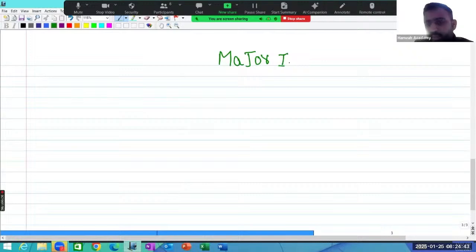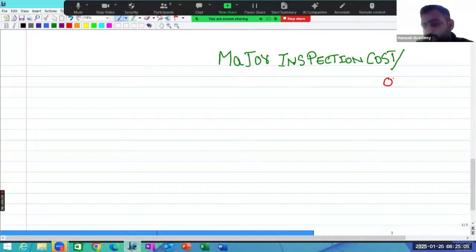Major inspection cost, also known as overhauling cost.